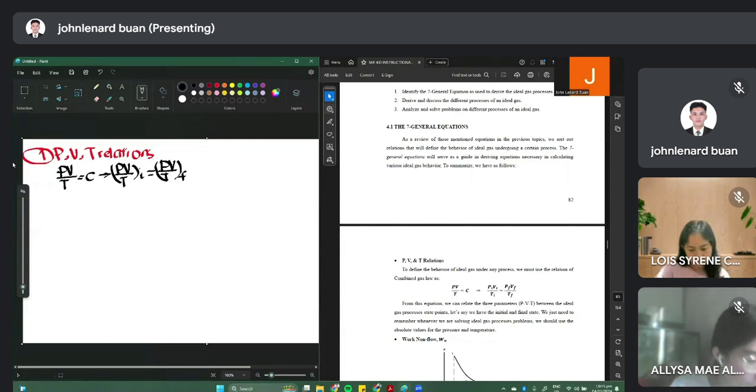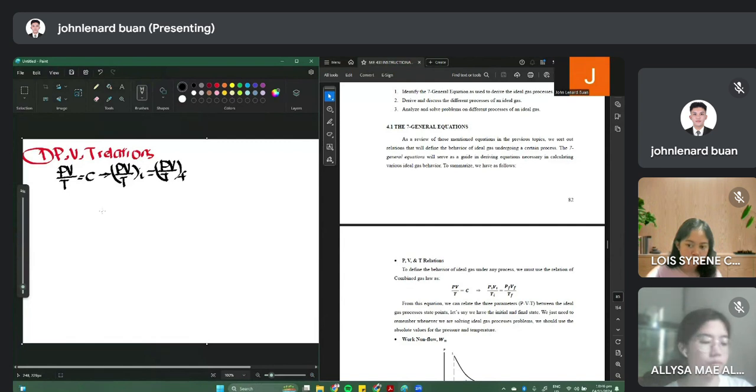In that equation, we can relate the three parameters such as the pressure, volume, and temperature between the ideal gas process state points, knowing that we have here the initial and final state. Please take note that you always have to use the absolute values for pressure and temperature. Most of the time, the given in problems related to this topic is absolute pressure.